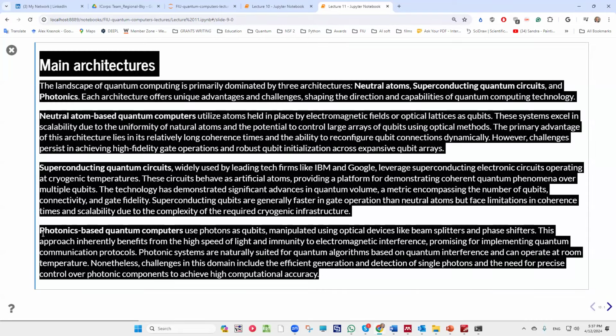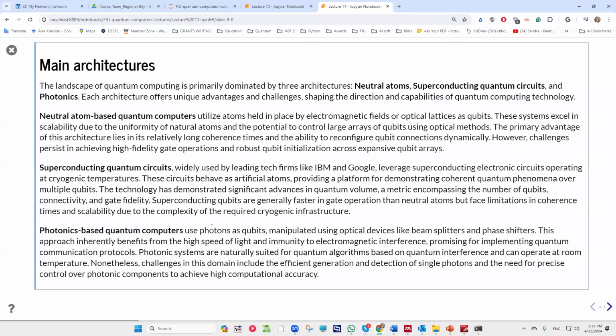Today we're going to talk about photonics, and the main advantage of photonics is that it is easy to create single qubit gates. That's one. Second, the very large coherence time, the very large time we can keep the quantum state of our photonic qubit.